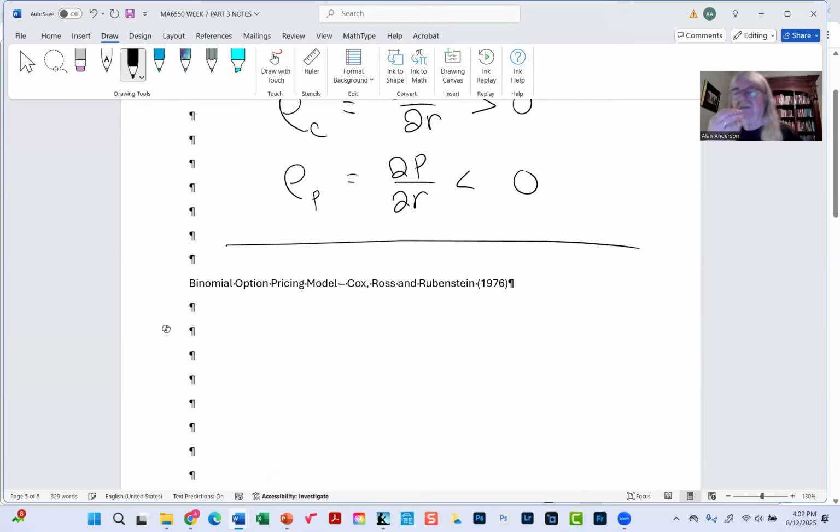Now, what's interesting about this: the authors of Black-Scholes, they're academics. Black, I think, was at MIT, Scholes was at Stanford, and Merton was at Harvard. And so, being academics, they're not doing this to make $1 million. They're trying to write these interesting papers that could be beneficial to the readers.